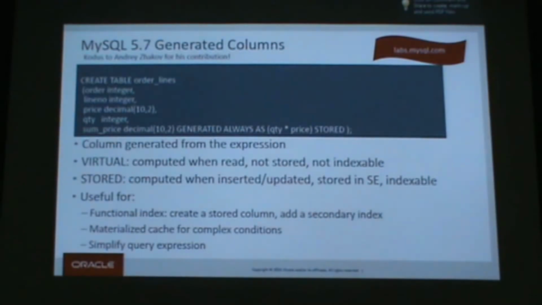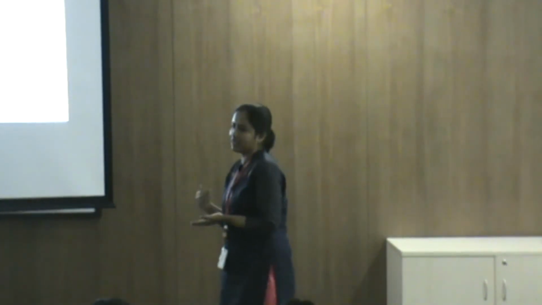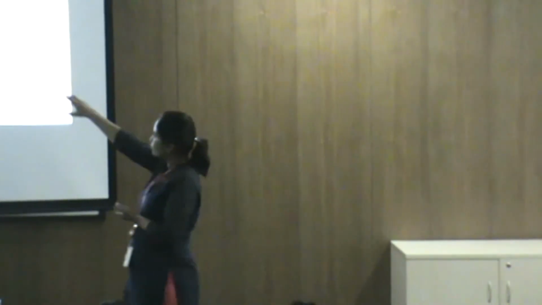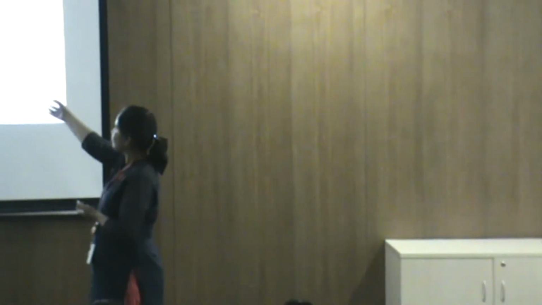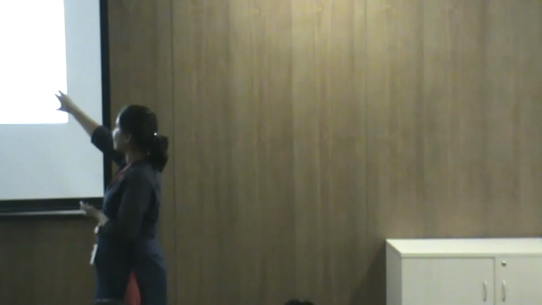We have something called generated columns, as I mentioned earlier. This was a community contribution which has been improved upon by one of the developers. As the example says, you have the total amount that needs to be calculated every time for this particular order, where you multiply quantity with the price.